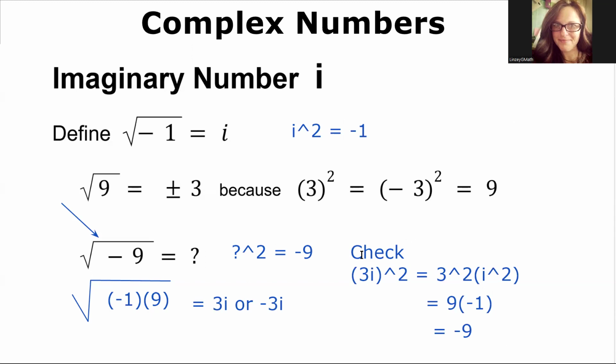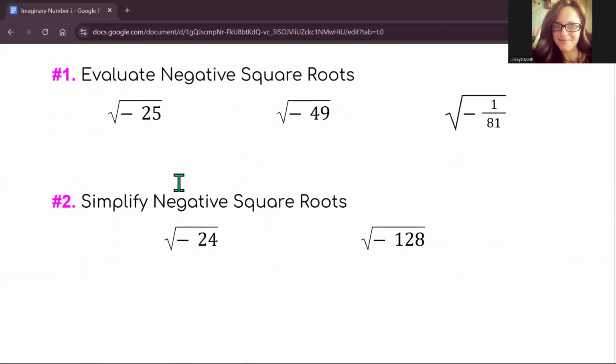Let's take a look at evaluating negative square roots. We can evaluate the square root of -25. We're going to get 5i or -5i. We always get both roots. The square root of -49 is 7i or -7i.